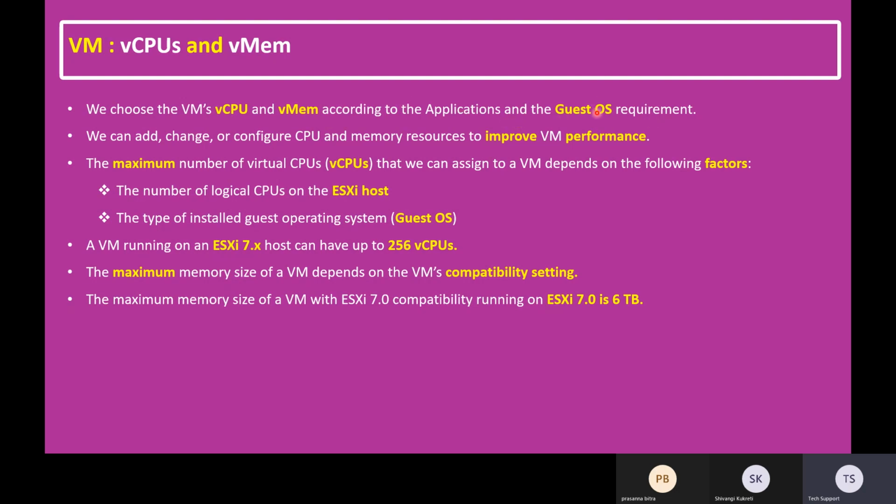Suppose you are trying to install a database server. Obviously, a database server requires a minimum of 2 or 4 CPUs, and memory also, we minimally require 4 GB. For test VMs, we can even create them with 1 CPU and 1 GB memory. But for production servers, always remember to go by the vendor specification document, whatever they recommend for the database, let's say Microsoft SQL, the latest version 2017 or 2019.